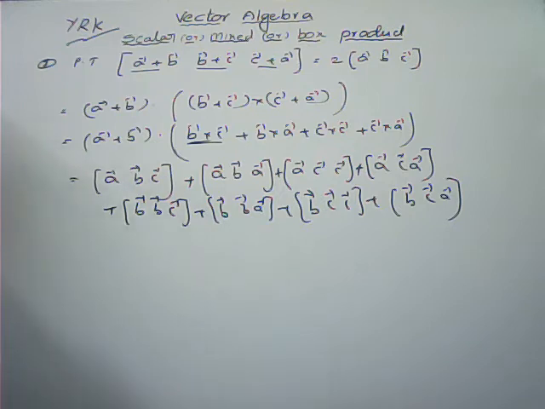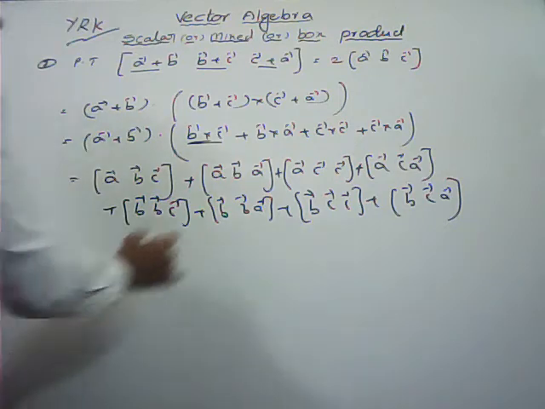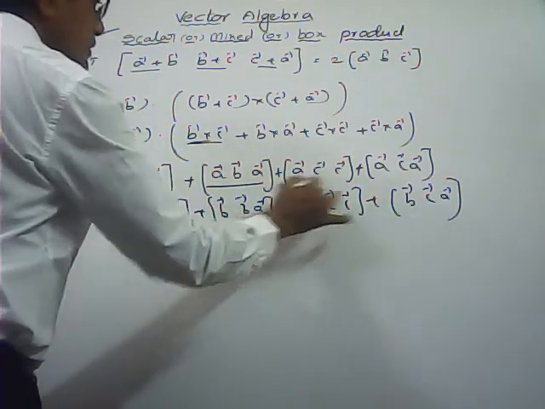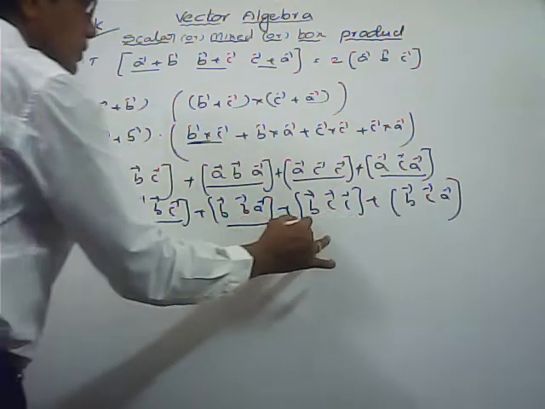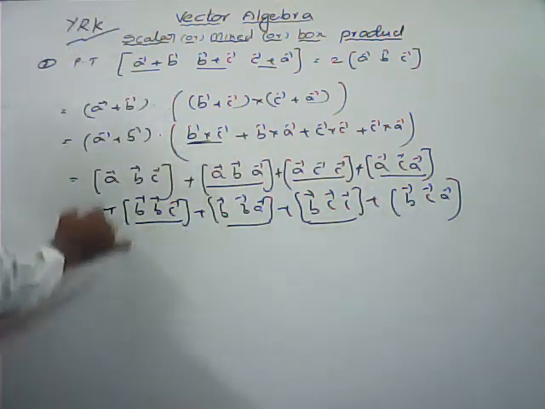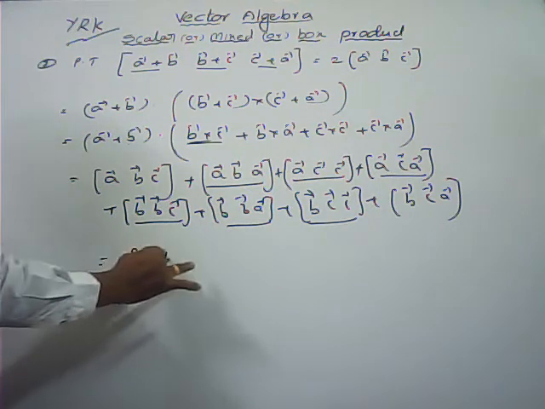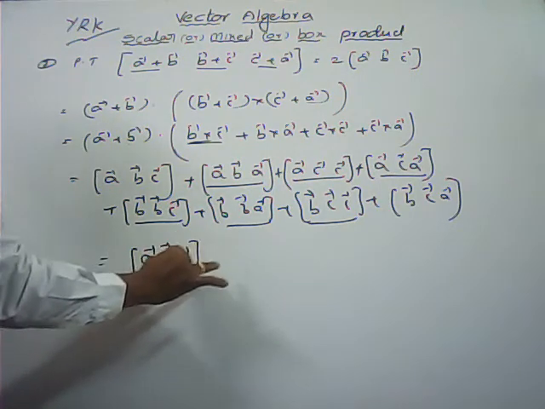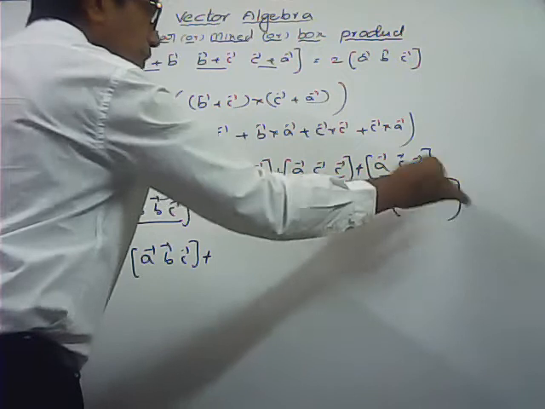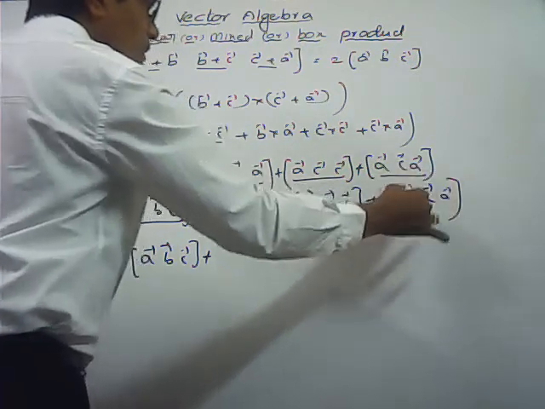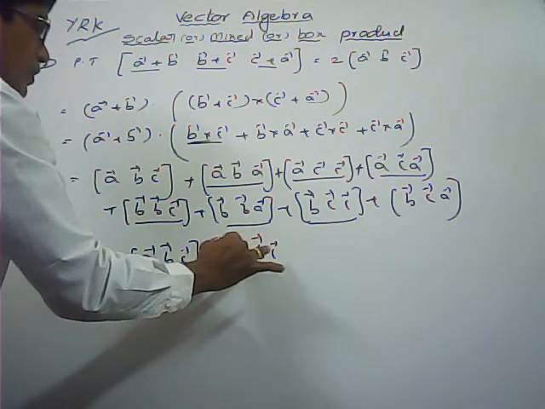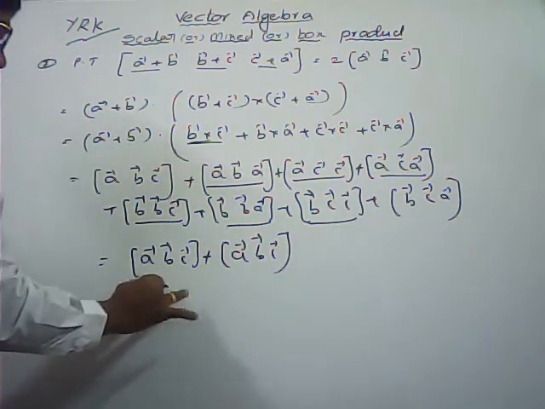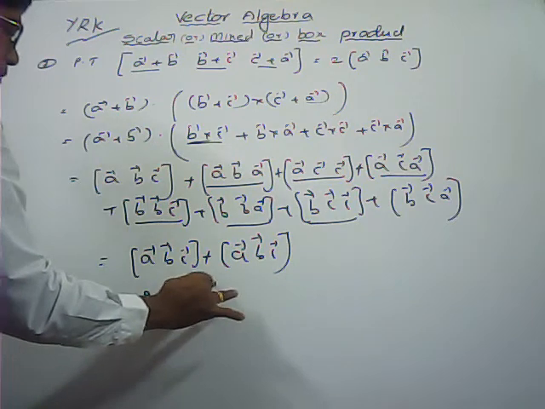If any two rows or any two columns are identical or proportional, its determinant equals 0. This is 0, this is also 0, this is also 0. So here box ABC plus cyclic order, change that one. Box BCA is equal to box ABC. So box ABC plus box ABC, 2 into box ABC.